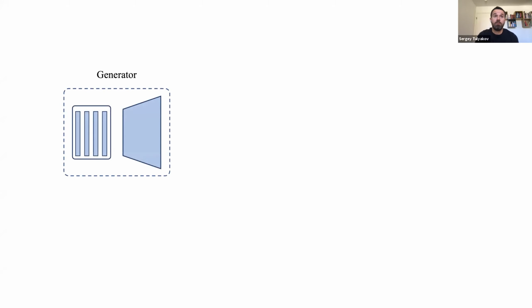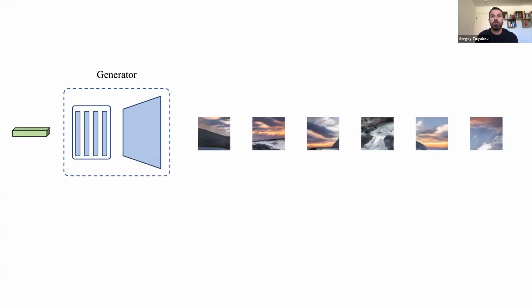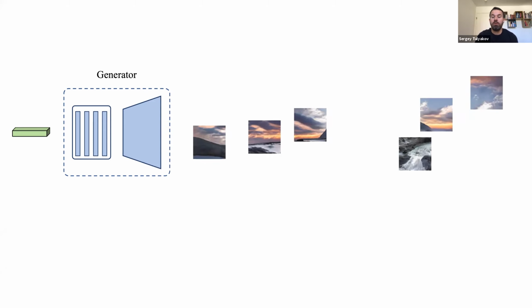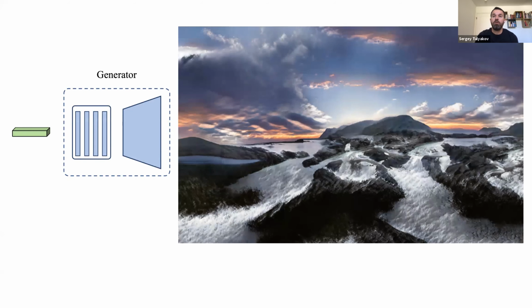With the shared global variable and the coordinate system that we just saw, we can generate a number of patches, arrange them spatially, sample diverse local variables and generate the rest of the image. This is an example of an image generated by our method.